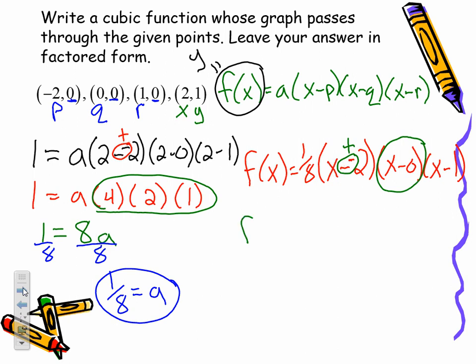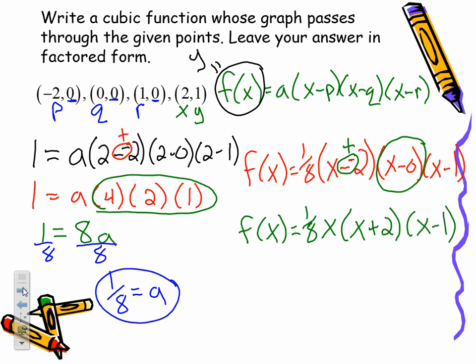So I'm going to rewrite this as f of x equals 1/8. Now if I just have x, I can put that in front, x plus 2, and x minus 1. Now once again, you guys, this is turning into just x. That's where that factor is going. And this is our final answer, ladies and gentlemen.